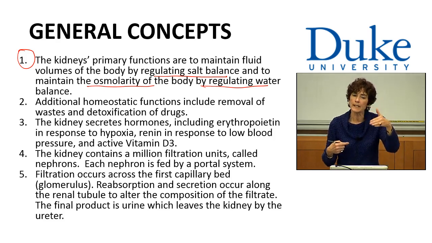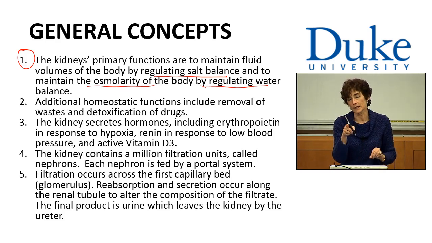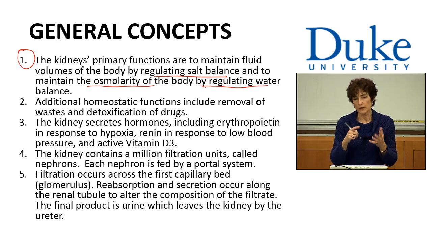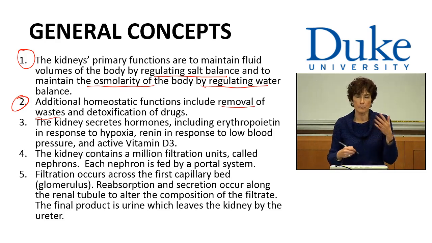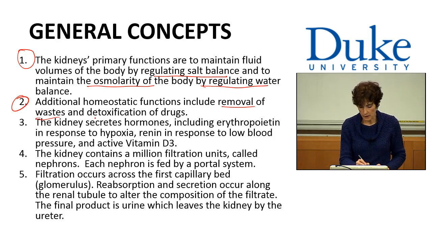So we want to regulate the ionic balance of the body, its electrolytes, and we want to regulate the amount of water that's in the body, which would regulate not only the osmolarity but also the size of the fluid space. Secondly, we want to remove waste products, that is, products that are generated by metabolism, and to detoxify drugs. And that's done, again, by the renal tubule.